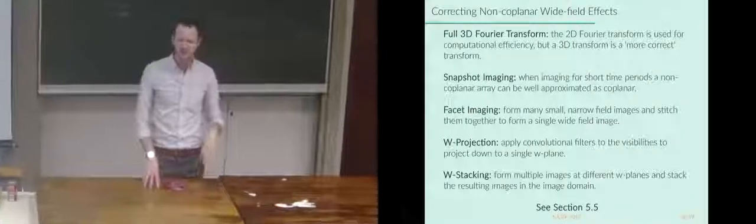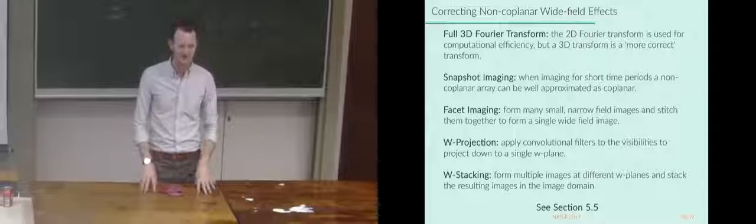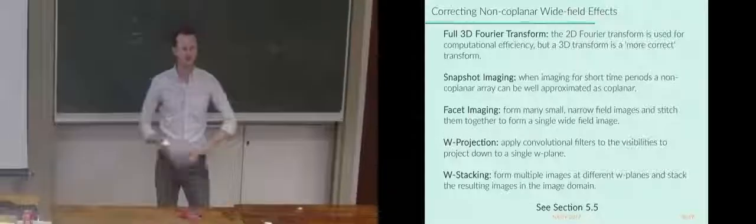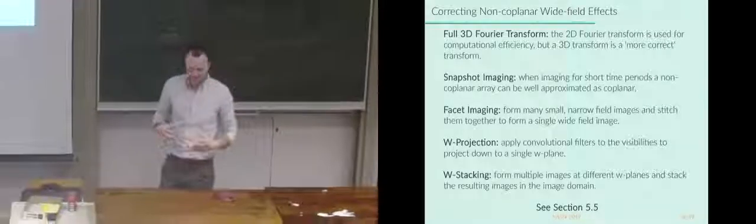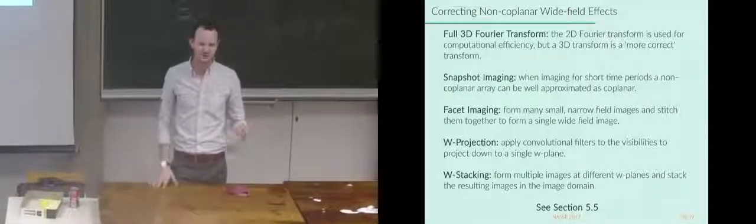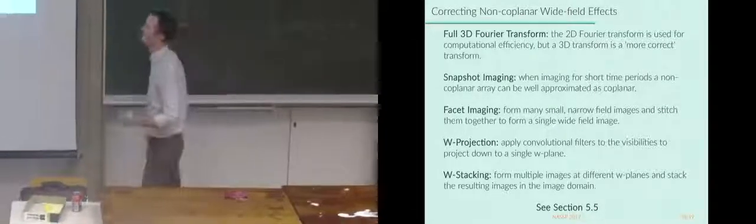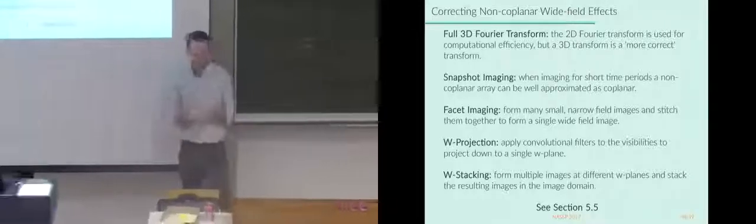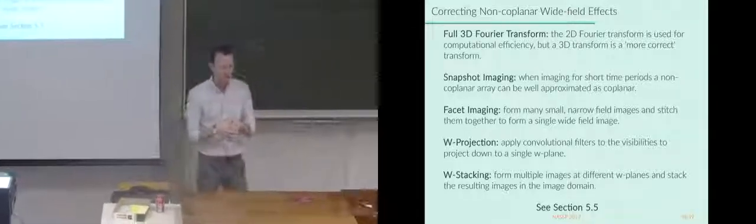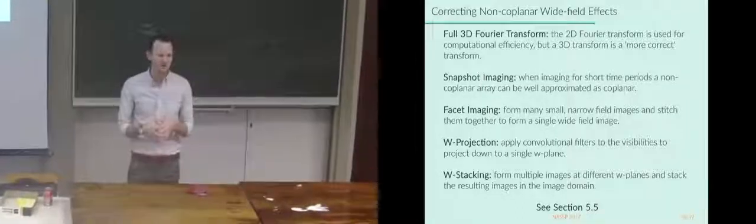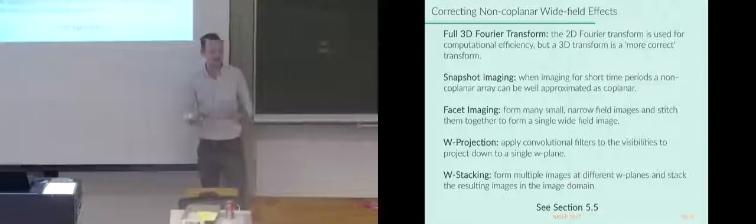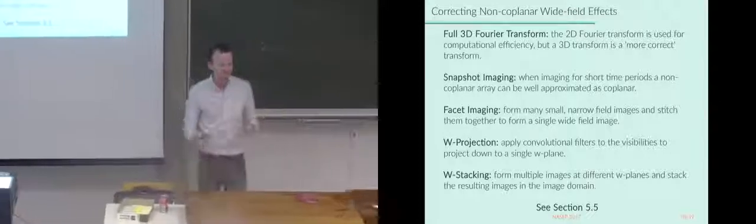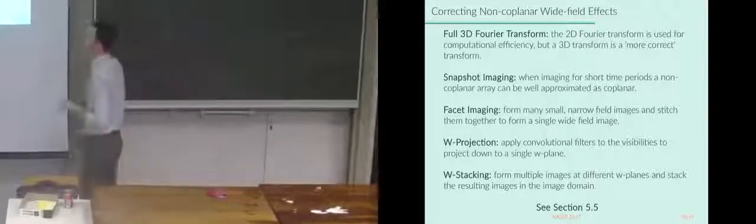The problem with facet imaging is it's computationally expensive. Instead of making one image, you have to make 100 images and glue them all together. But if you have the computational power to do it, then why not do that? By making smaller images, you're making this small angle, small field of view approximation, and you can just use Fourier transform. You don't have to worry about these W effects because they approximately disappear.